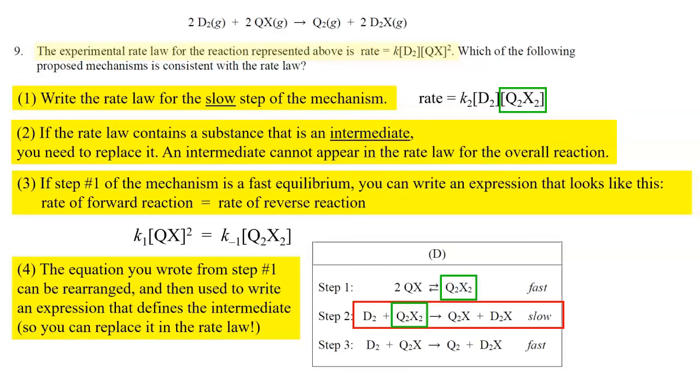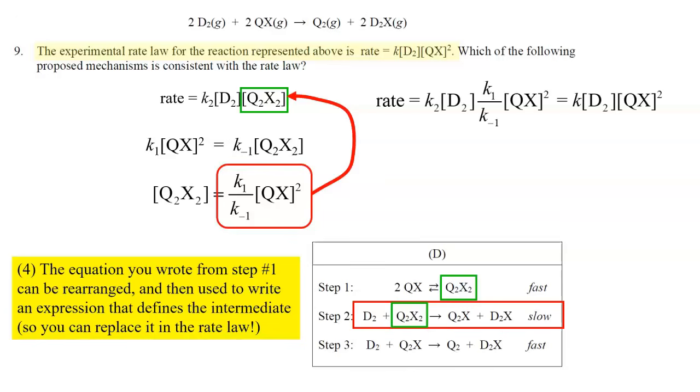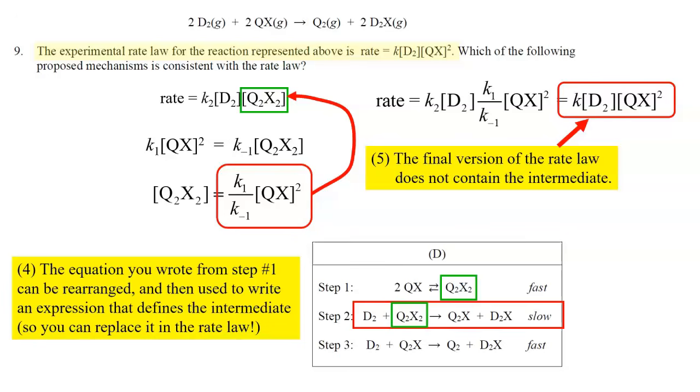Here comes the substitution part of this procedure. So I need to eliminate the intermediate. So I've written an expression that defines the concentration of Q2X2 in terms of the reactant, QX. Here comes the substitution, and now my final version of the rate law looks like this. Rate equals k times concentration of D2 times concentration of QX squared.